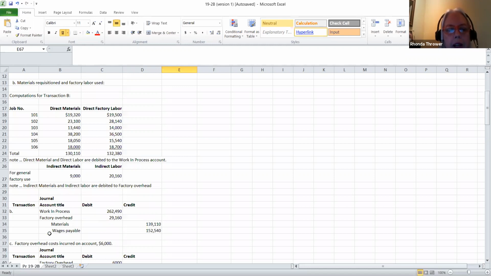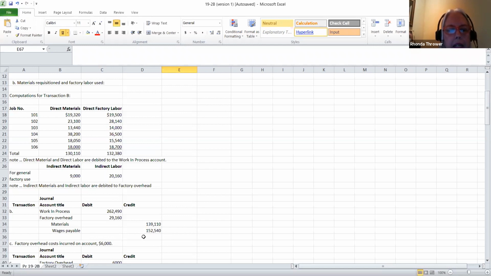Our final credit is to wages payable, and that's for the amount of the total direct labor plus the total of the indirect labor. So direct labor and indirect labor is our total labor that would be credited to the wages payable account. Wages payable is a liability that we have set up in this transaction, and our liabilities are increasing. To increase a liability, we will have to credit it.